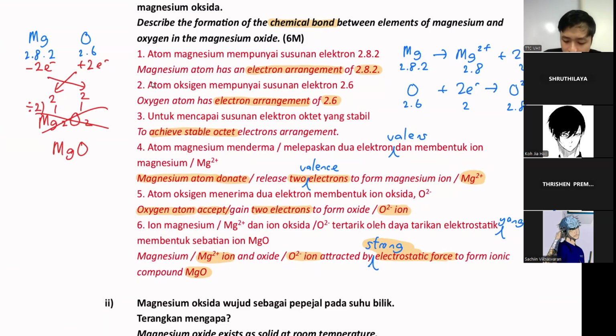In the assignment, if you put the point about achieving stable, you add it to number 4th and number 5th, after the sentence that they donate electrons to achieve stable octet electron arrangement to form oxide ion. I add it here.